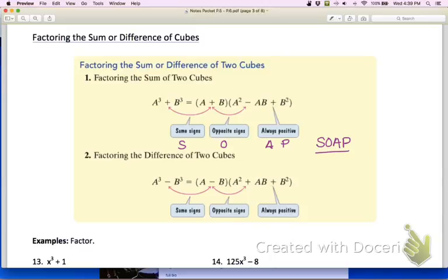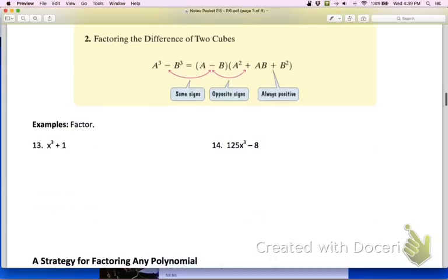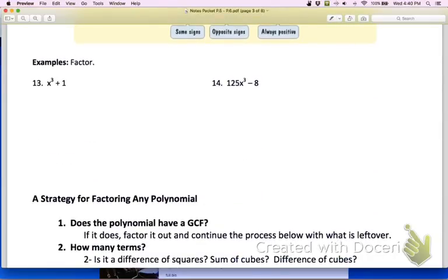So let's look at a couple of examples here. I'm going to move this down to where we don't see the formulas anymore. So the first one is an example of a sum of cubes. So I have x to the third power plus 1 to the third power. So a is x, b is 1 in this case.